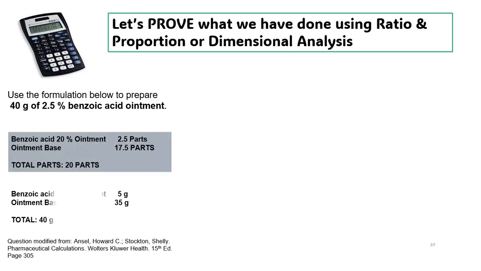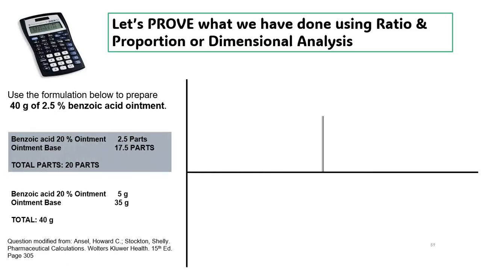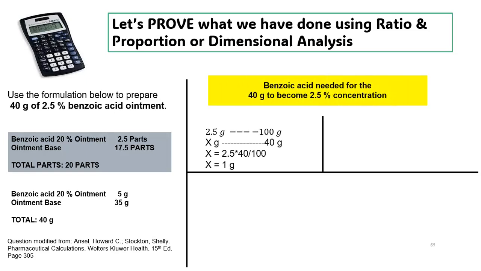Let's unpack it. It means that 2.5 grams of the drug will be in every 100 grams. That's what percentage means. So therefore, how much do I need for a 40 gram product? I need 1 gram of benzoic acid to make this 40 gram product.